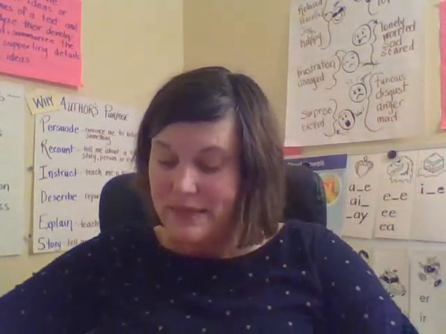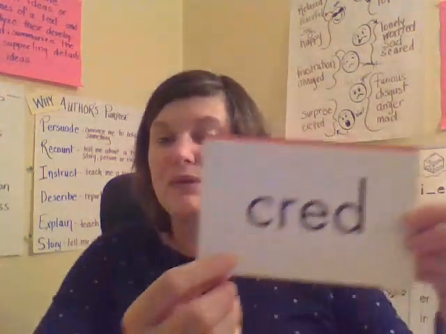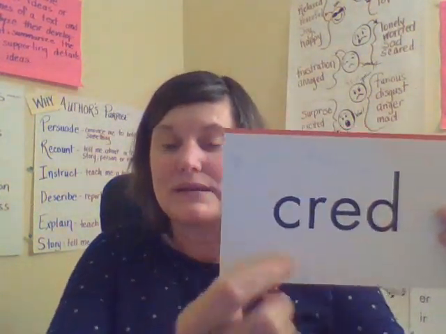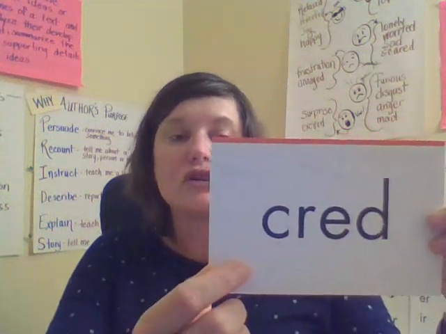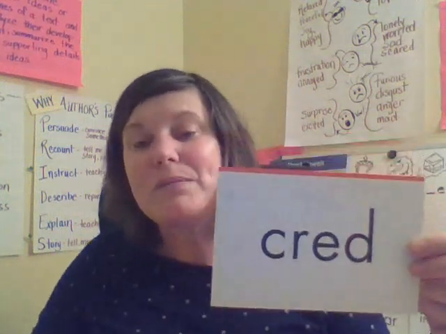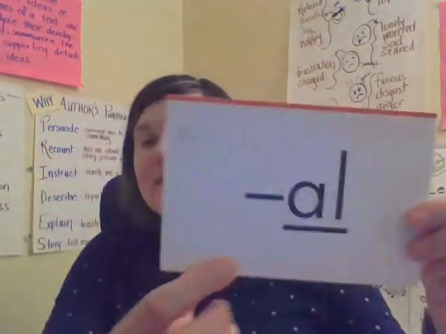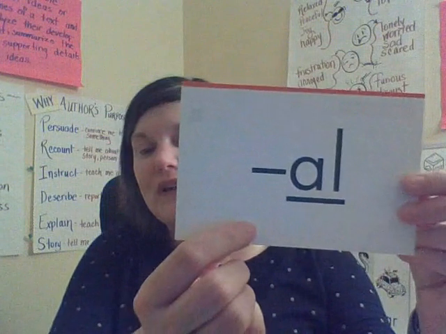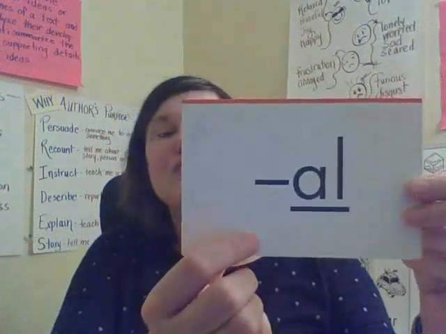Okay. The rest of the sight syllables, we're going to review sight syllables that we've practiced before. This is cred. Together, cred. Your turn. Good. And remember, this means believe. Okay. And this is ul. Together, ul. Your turn. Good.